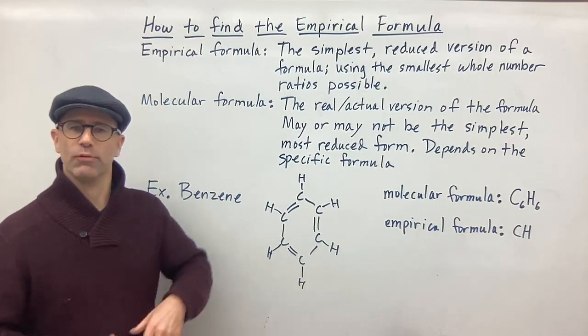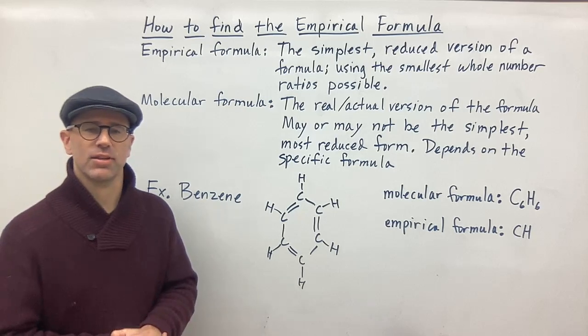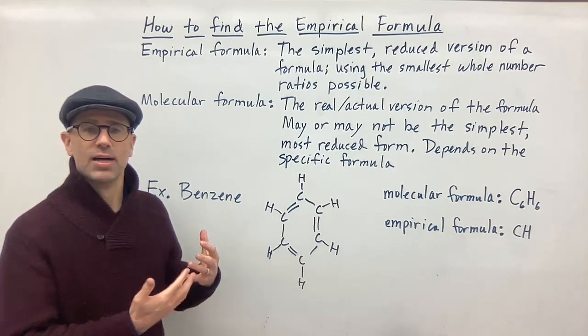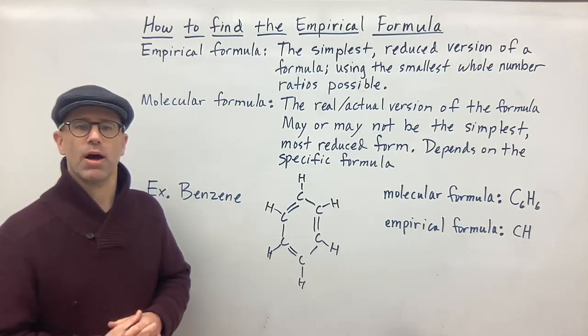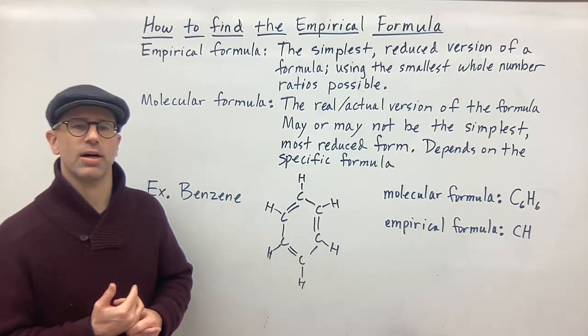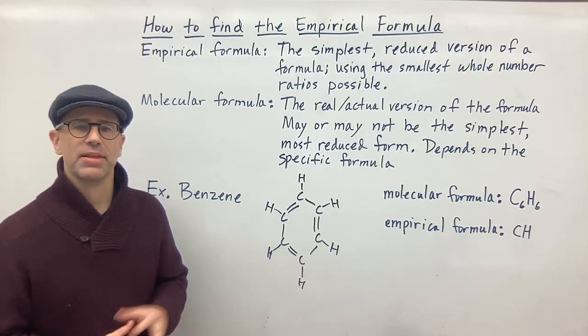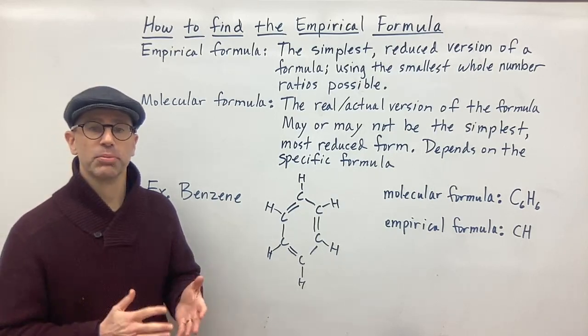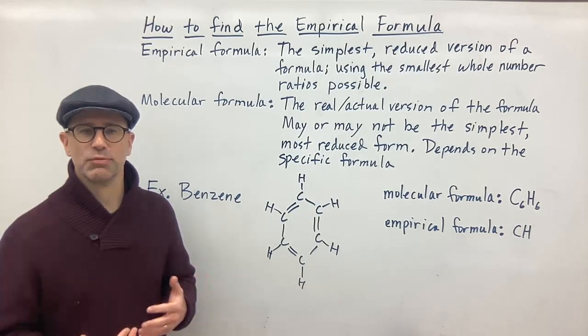If you were to analyze that actual substance, you would find the molecular formula to be such and such. This is the actual number of elements in that compound, and it may or may not be the simplest, most reduced form. This depends on the specific formula.